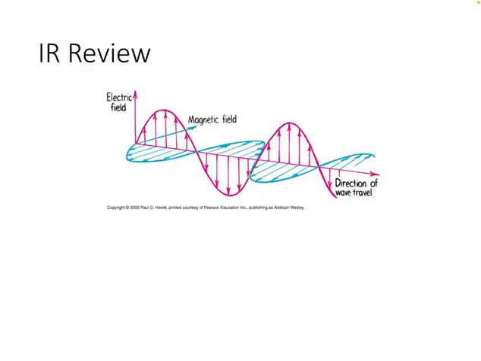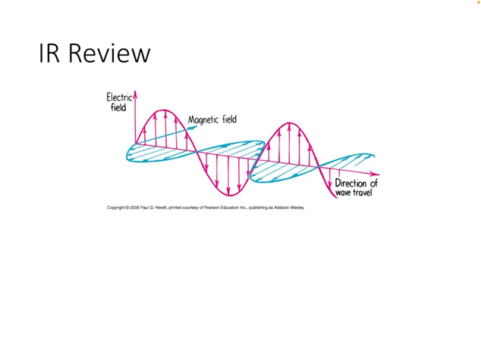So let's review infrared spectroscopy. So let's start by talking about light. Remember, light can act as a wave or a particle, and electrons also have this wave-particle duality, we call it. So waves are measured according to their wavelength.